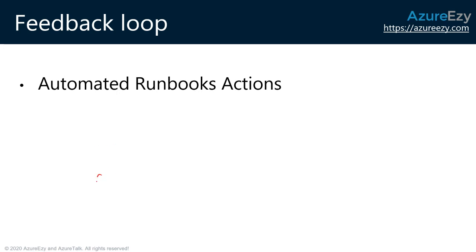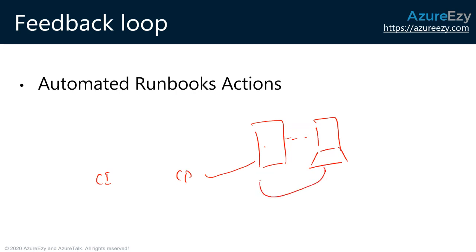So you have CI and then CD in place, and that actually deploys the solution. But you have to keep looking at it, and we have already talked about why you need it. You need to take some action based on the monitoring that you are doing, and that is what we call feedback.